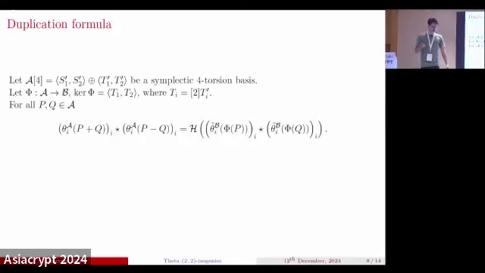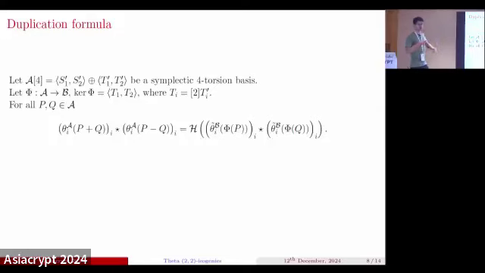In that case, for all points P and Q in A, the star product between the theta coordinates of P plus Q and P minus Q is equal to the Hadamard transform of the star product between the dual theta coordinates of phi(P) and phi(Q). So this is the main relation that we use in the paper.